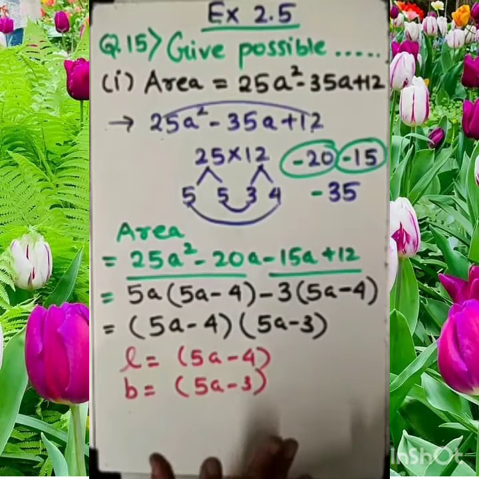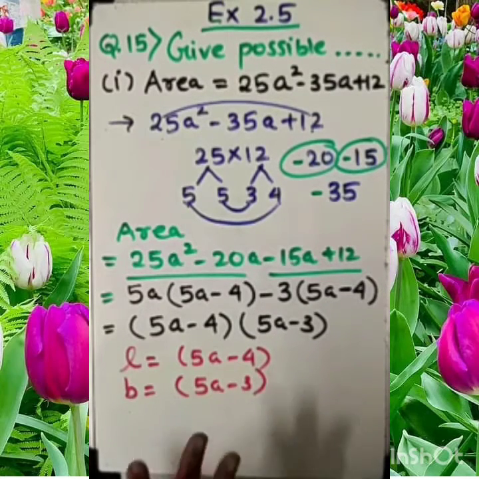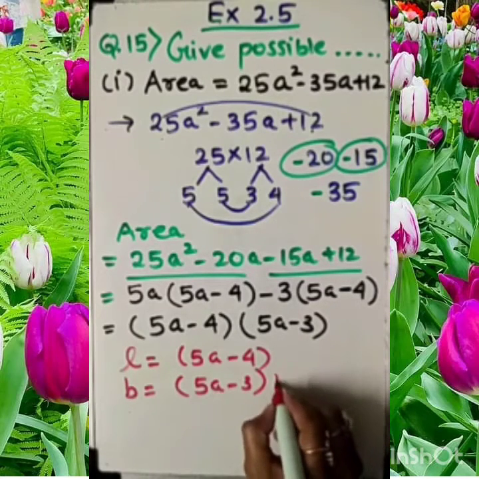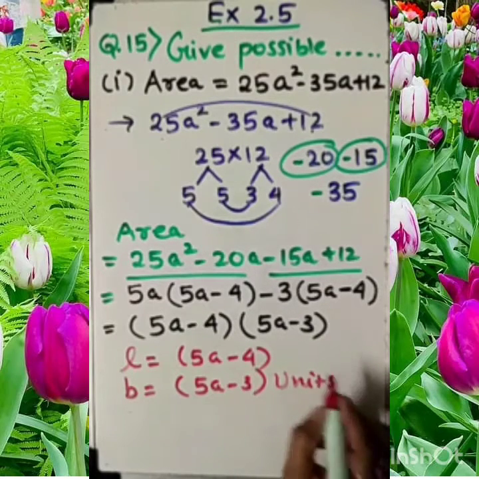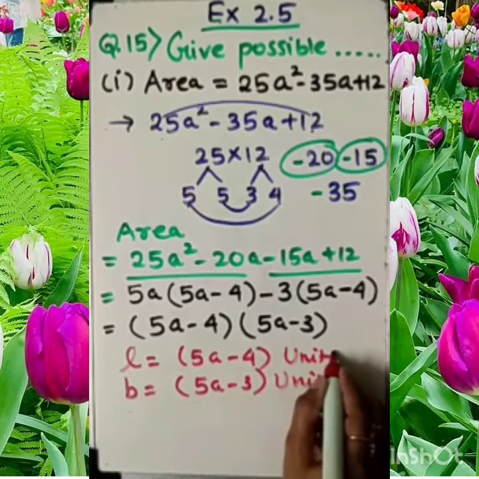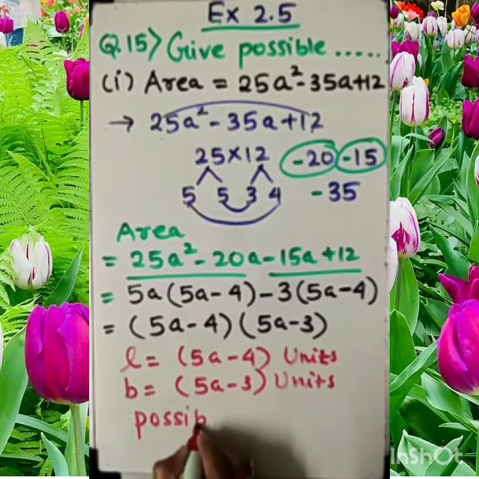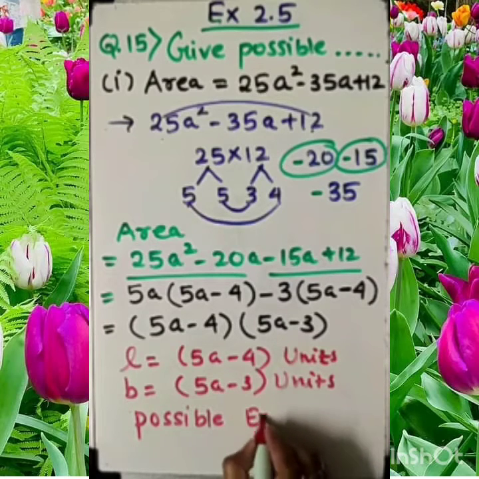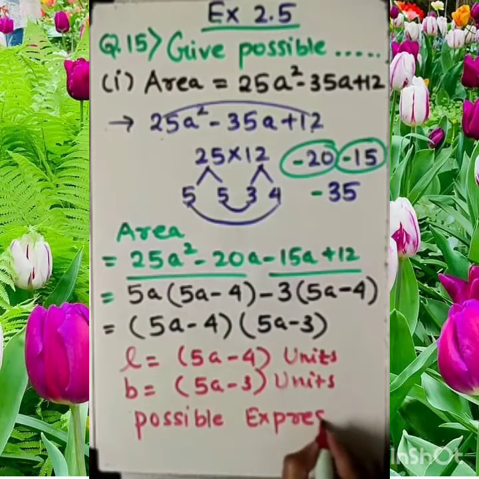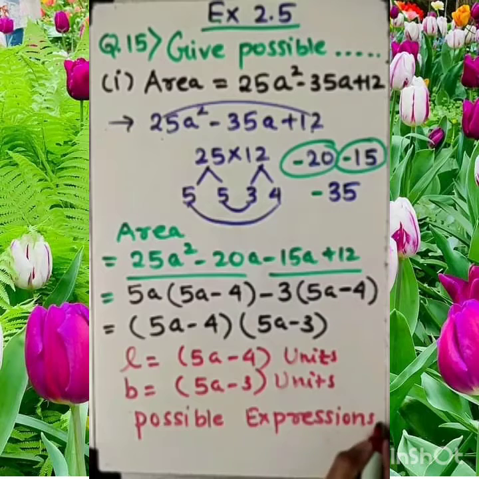These are possible expressions for the length and breadth in units. This is unit, this is also units. You can mention these are possible expressions. Up to here clear?